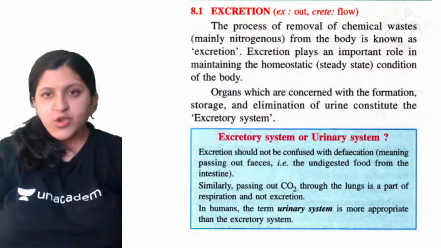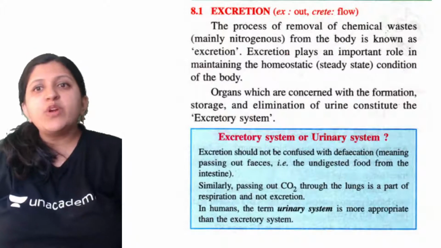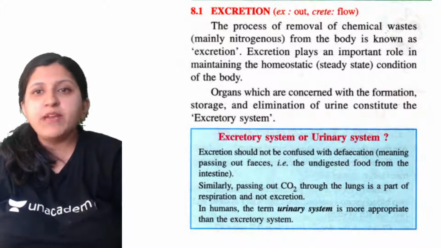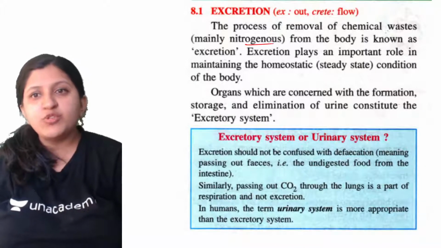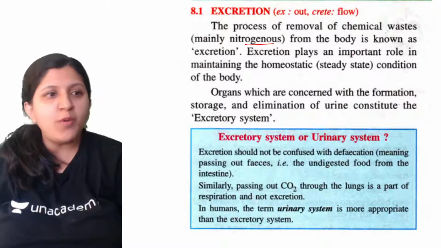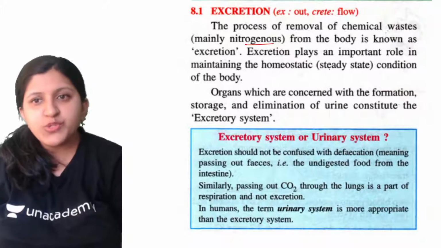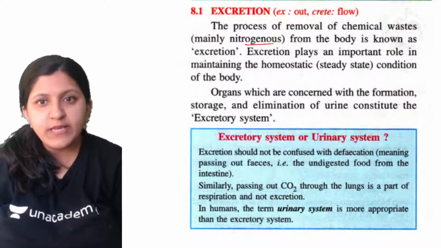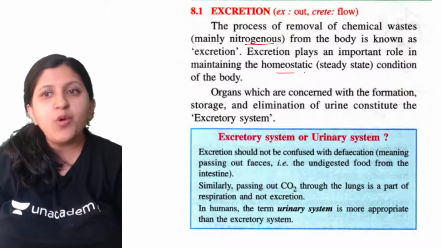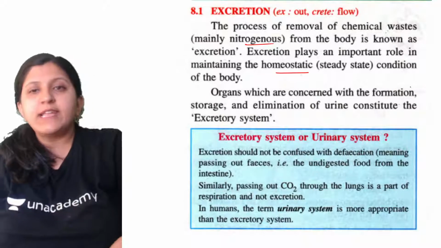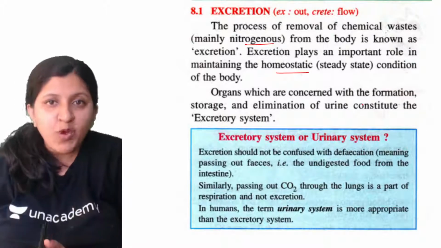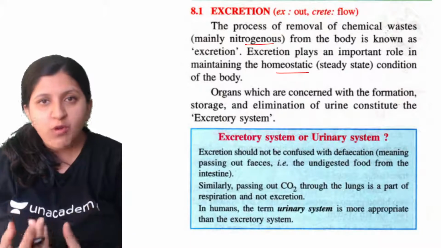Excretion is the process of removal of chemical waste, mainly nitrogenous waste, from the body. Excretion plays an important role in maintaining the homeostatic condition, that is, maintaining the same concentration of materials throughout the body.